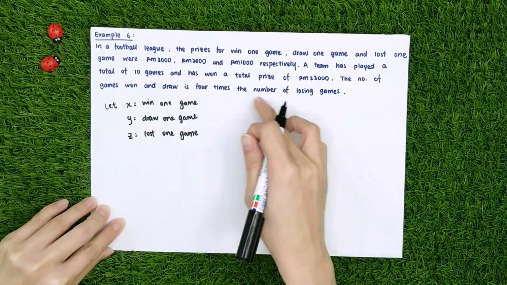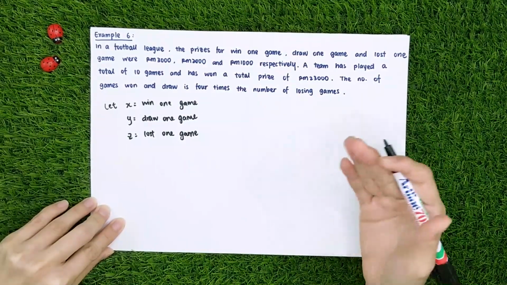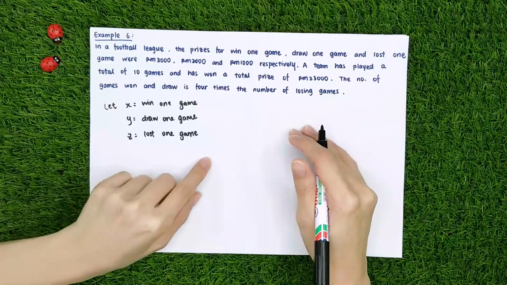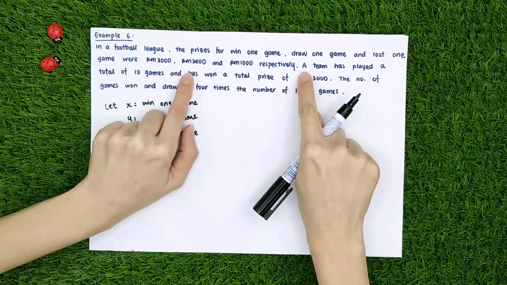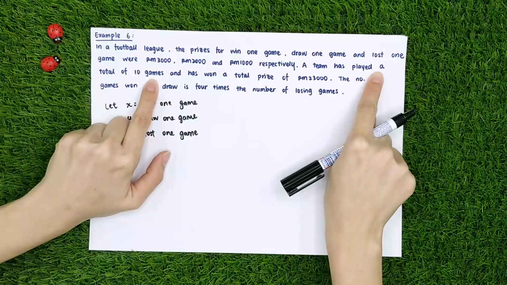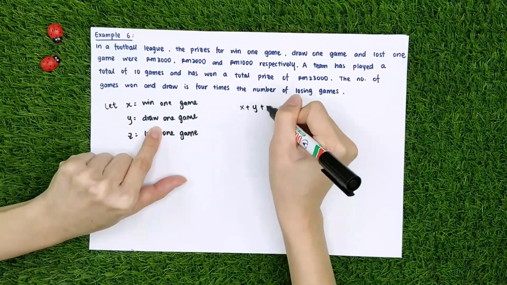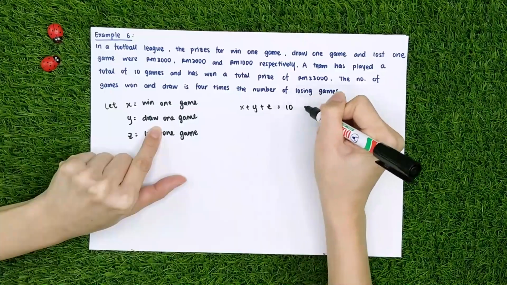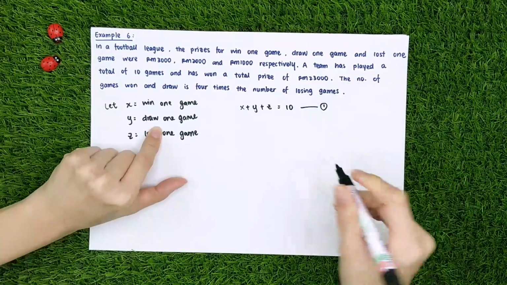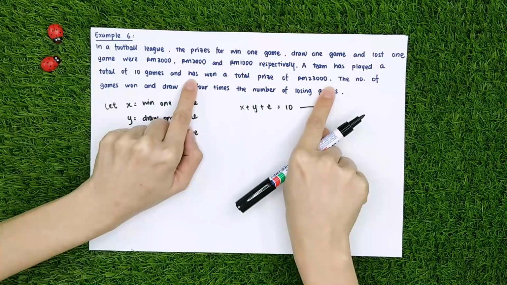So now I will use the information from the question to make 3 linear equations with 3 variables. From the first information, a team has played a total of 10 games. That means x plus y plus z equals 10. This is my first equation. And it said they have won a total prize of 23,000.